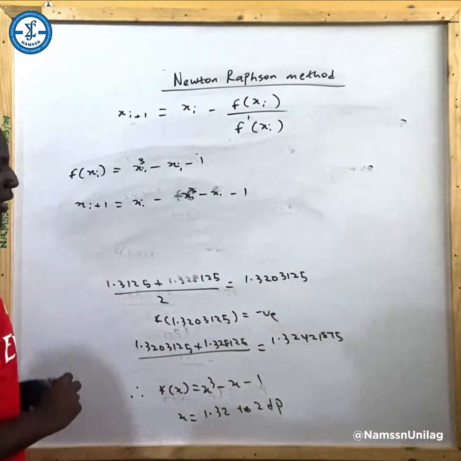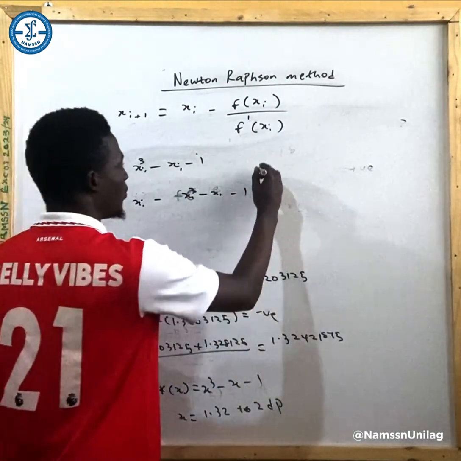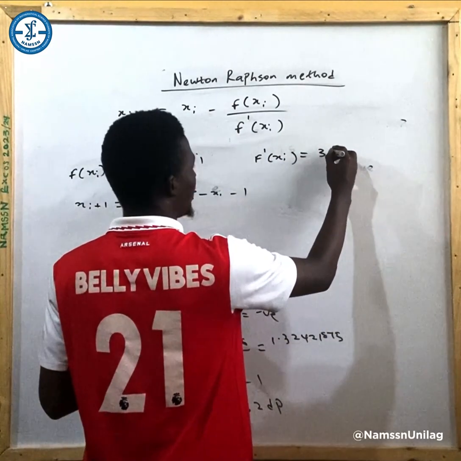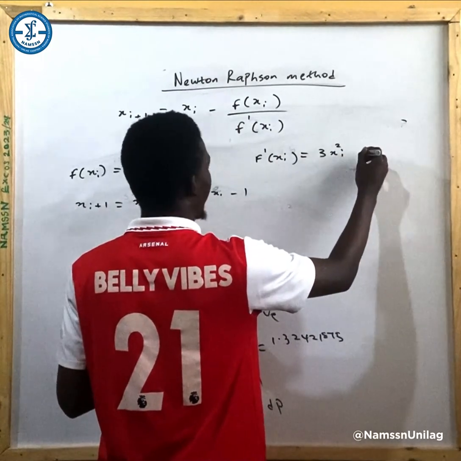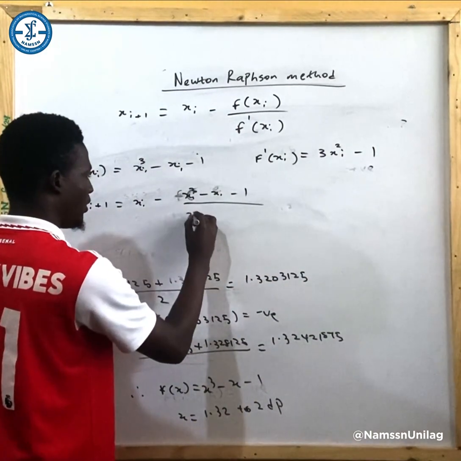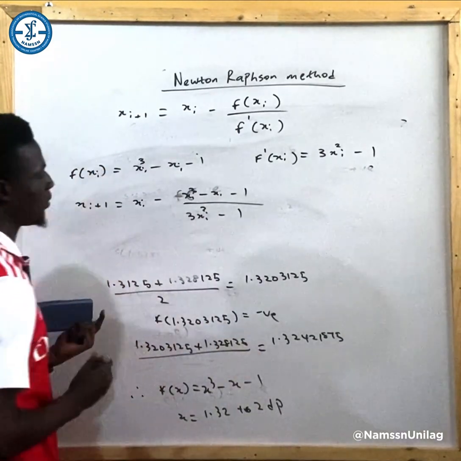Now f'(x_i), you just differentiate this. So f'(x_i) is 3x_i squared minus 1, so over 3x_i squared minus 1.